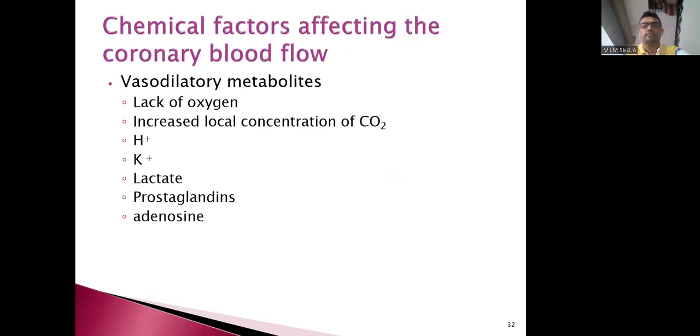There are factors affecting the coronary blood flow. Like I said, there are metabolic factors which cause vasodilation. The factors are lack of oxygen, increased local concentration of carbon dioxide, hydrogen ion, potassium ion, lactate, prostaglandin, and adenosine.